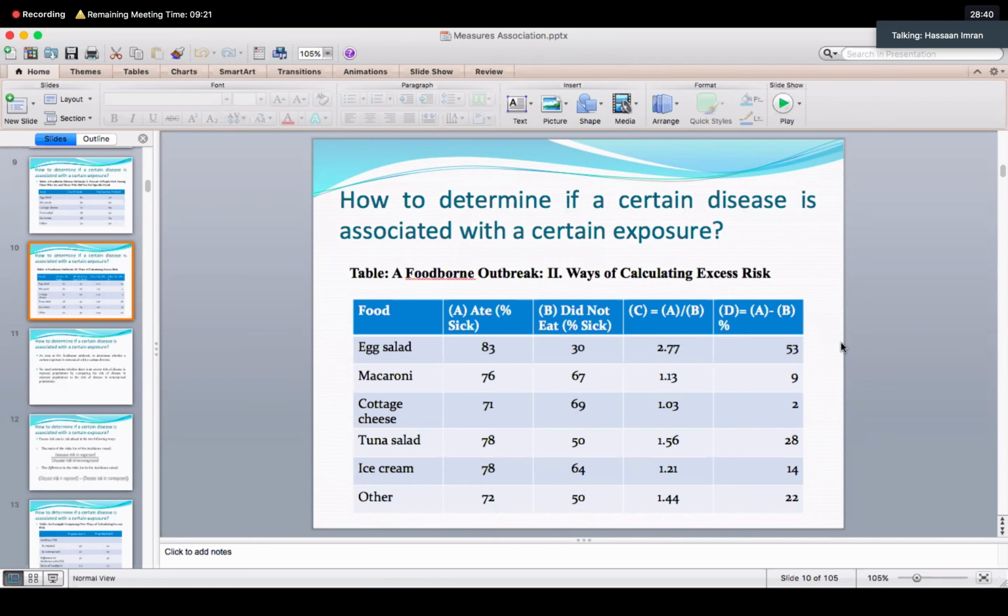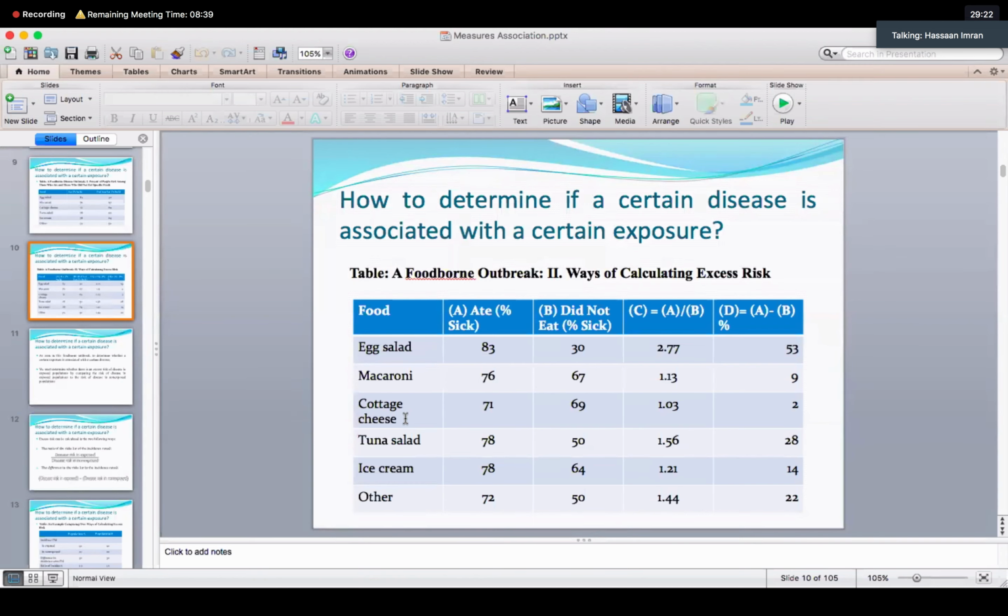And in terms of numbers, 53 more individuals who ate egg salad are going to end up with foodborne illness as compared to those who did not. This tells us exactly how many more individuals suffer from foodborne illness who were exposed to egg salad.